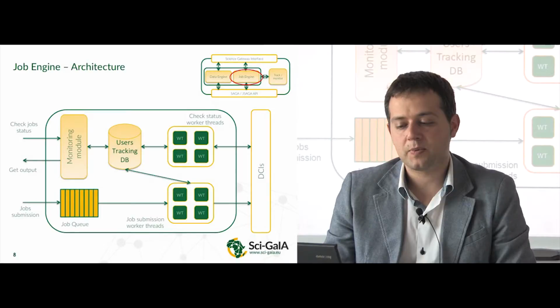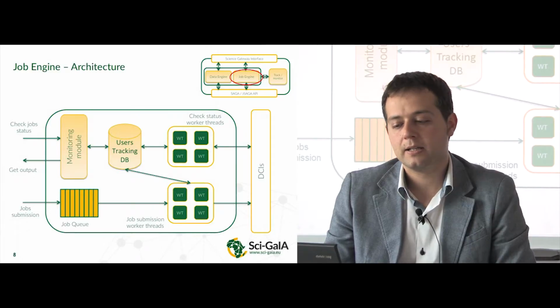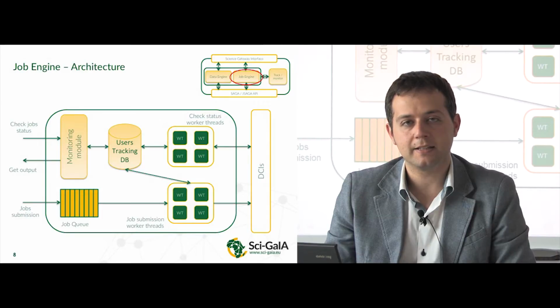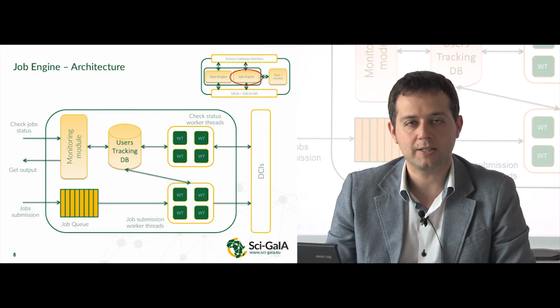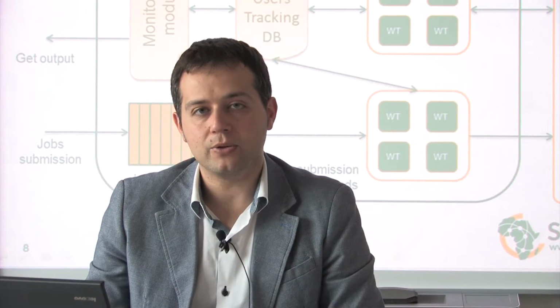The user can exploit the monitoring module to check the job status. And finally, when the job completes its execution, the check status worker thread sets the done status in the user tracking database and downloads the output locally to the Science Gateway machine without any interaction from the user.